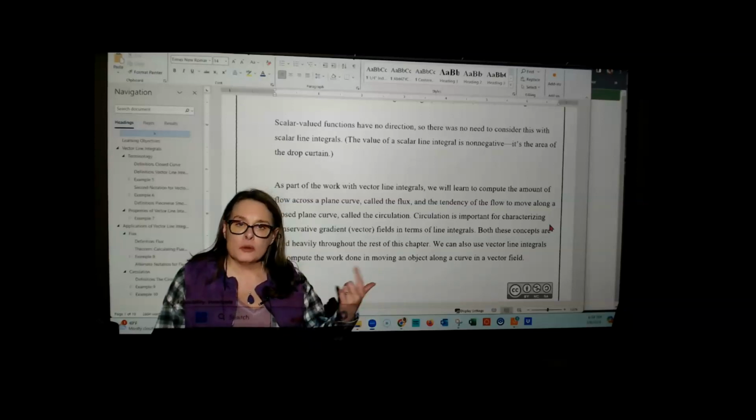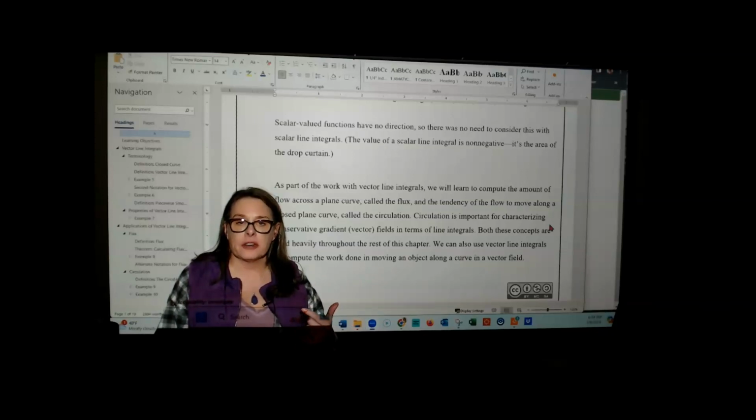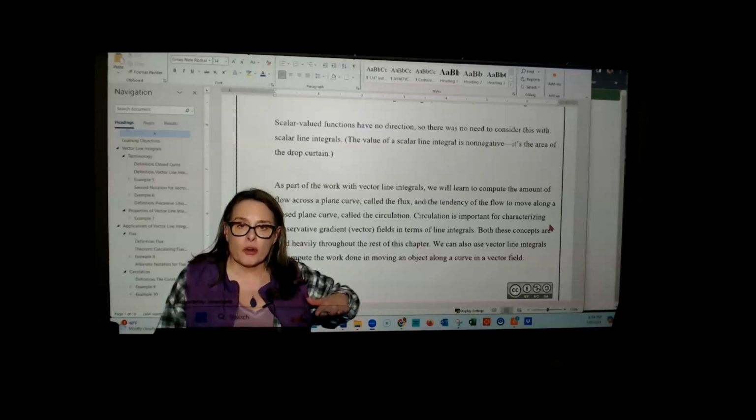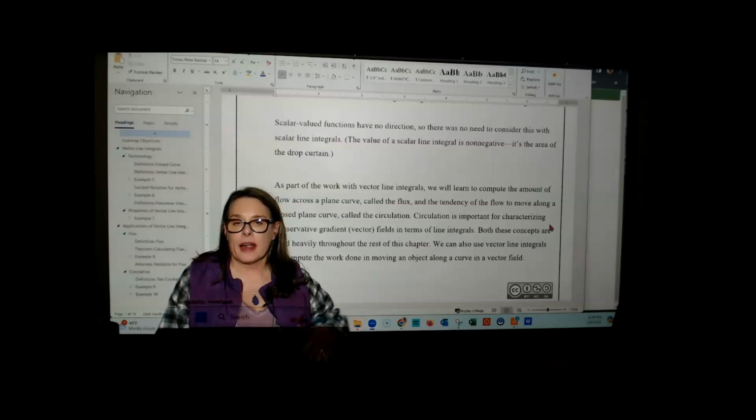If it is a closed loop, then we call it the circulation when it goes along the curve following the path of the curve. But when it moves across the curve at a right angle, then we call it the flux. Both flux and circulation are important in some of the later sections of this chapter. We'll see them again.